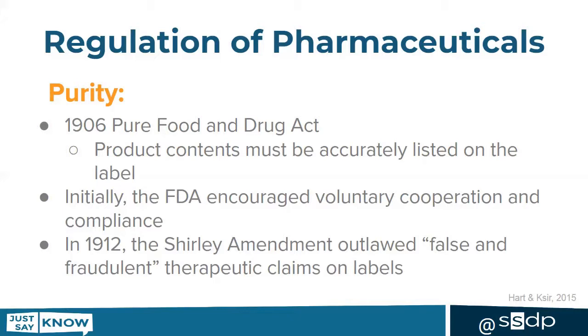It initially encouraged voluntary cooperation with the law, but they later worked to improve quality standards to address any poor manufacturing practices that led to unintentional issues. So smaller companies still produced quack medicine that was ineffective and dangerous because it was harder for them to remain compliant because of how they needed to show that.